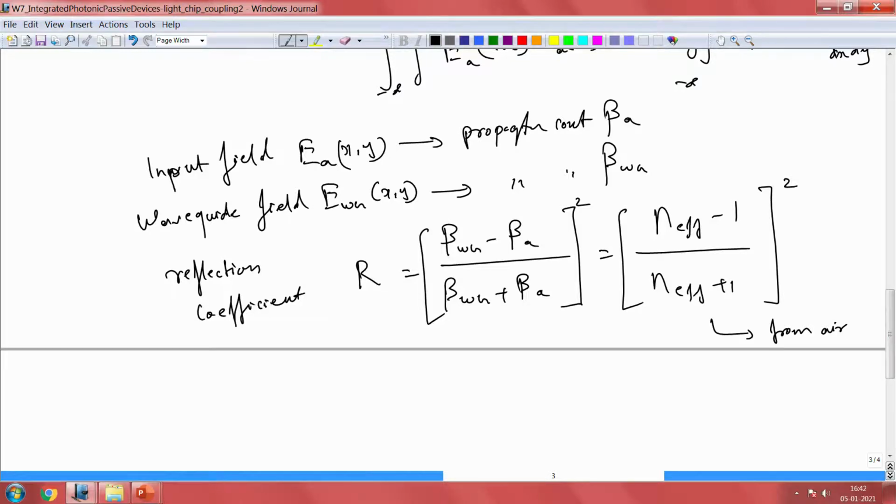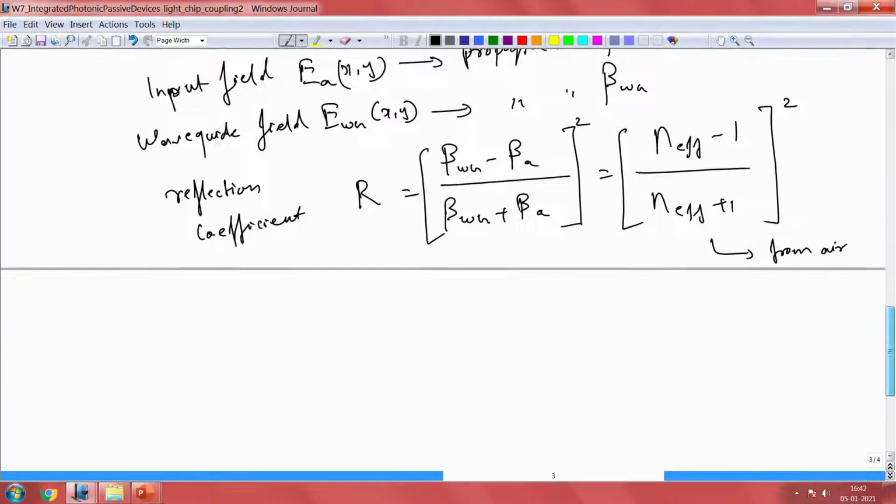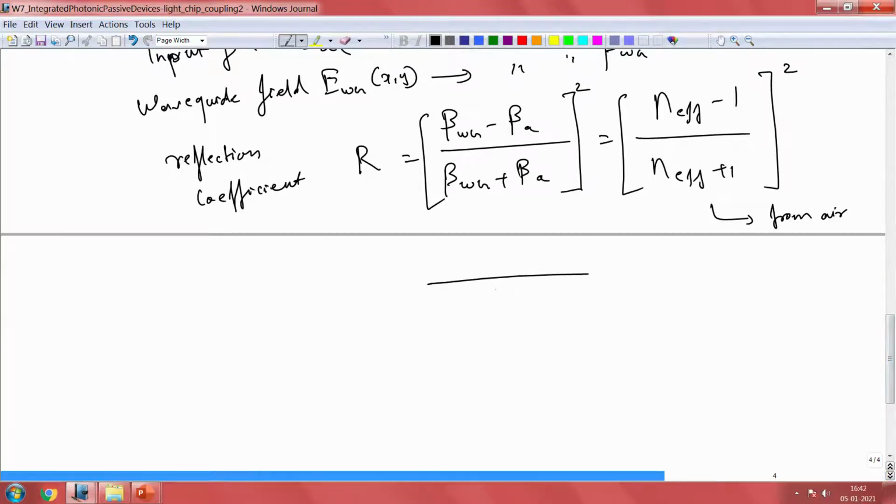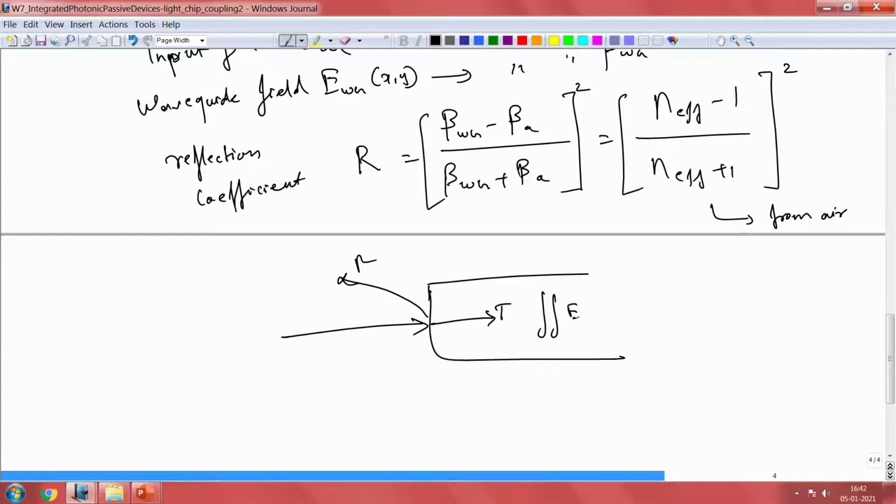So now based on this we know the reflection, right. So as I mentioned, when you have a system you will have reflection and then you will have transmission, and once this transmission is known, then we should know how the overlap integral looks between the two fields, right.